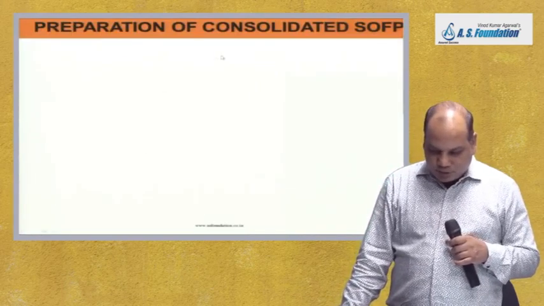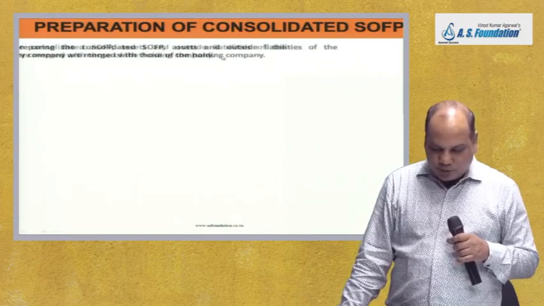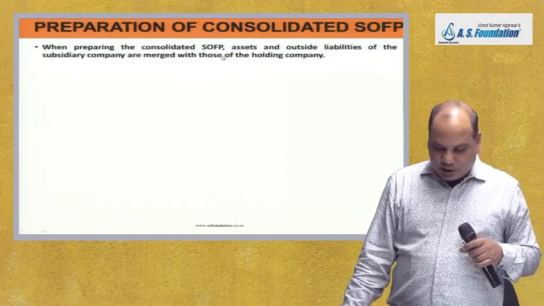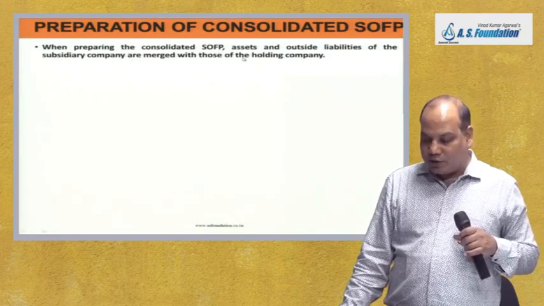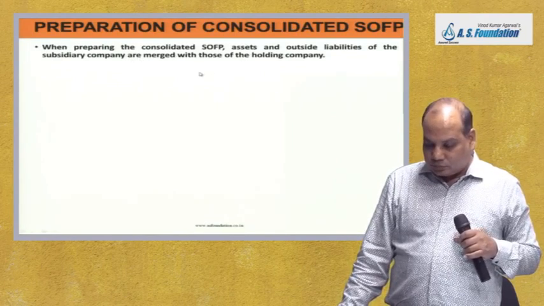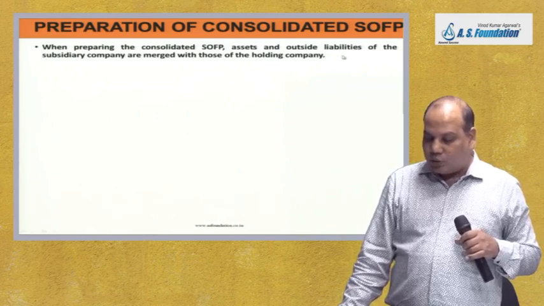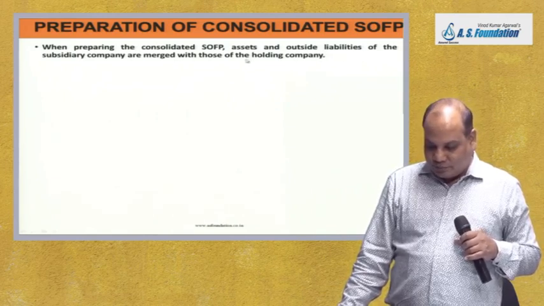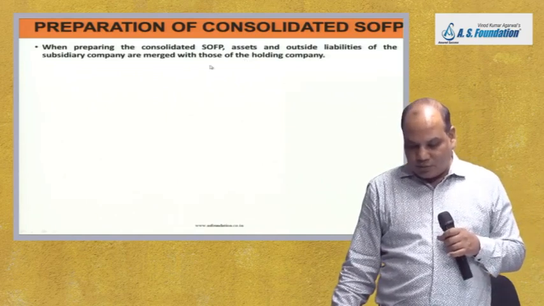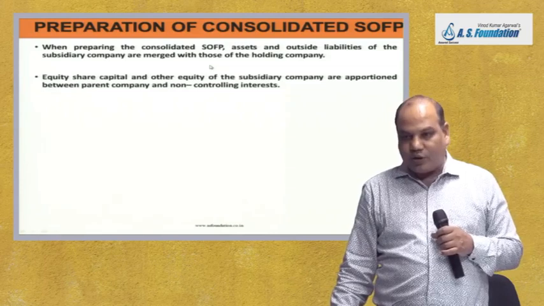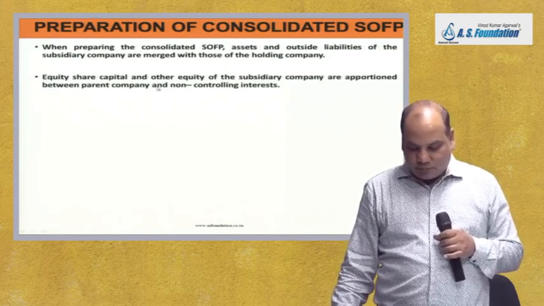Now we'll come to preparation of consolidated SOFP. So maybe some points will get repeated. When we prepare the consolidated statement of financial position, the assets and outside liabilities of subsidiary companies are merged with those of the holding company or parent company.